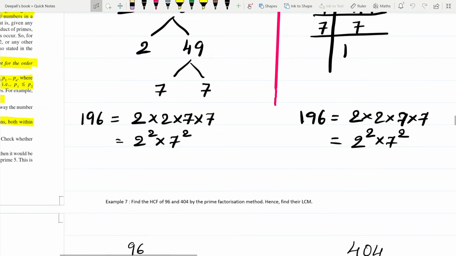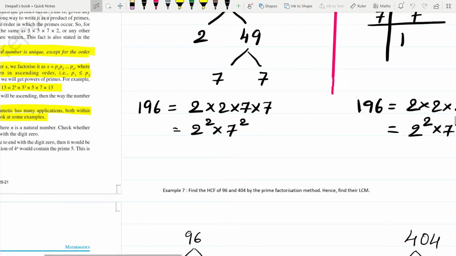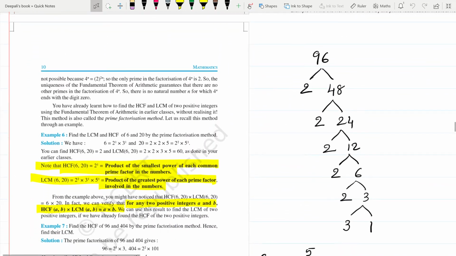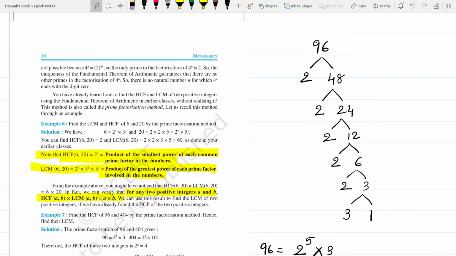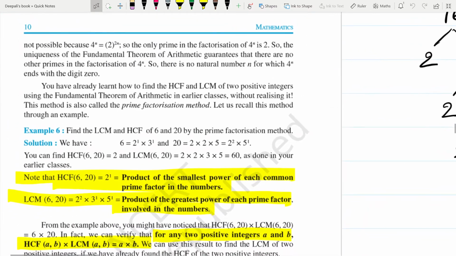Now let us see how it helps us to find the LCM and HCF of any given numbers. Before that, we need to know a clear definition of LCM and HCF. HCF is the highest common factor, which we already studied when we did Euclid's division lemma, and we saw various methods to find HCF.